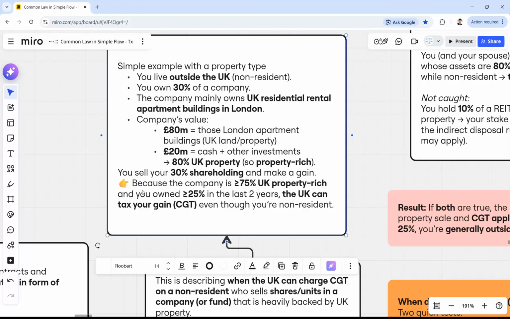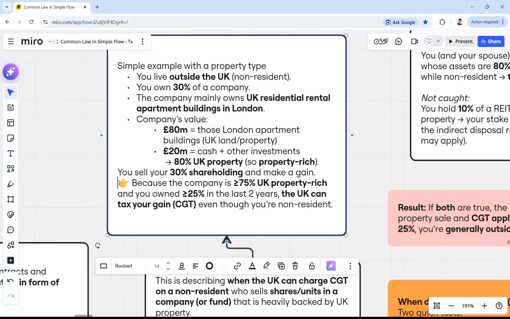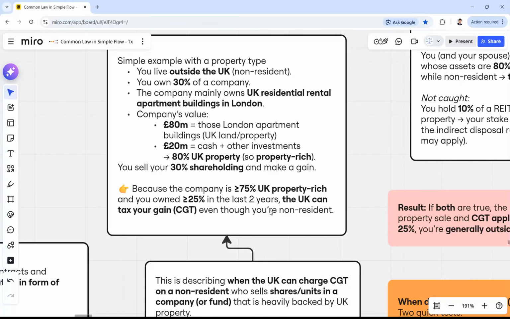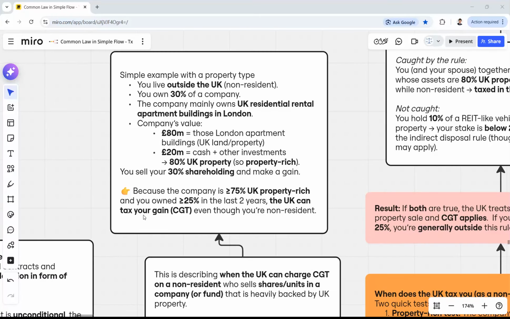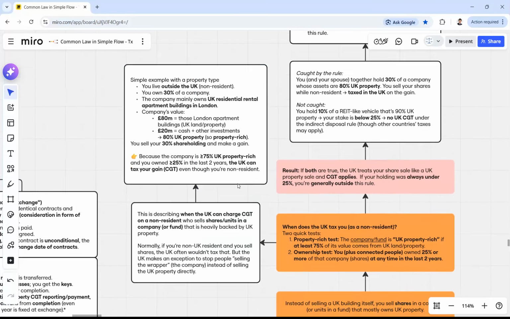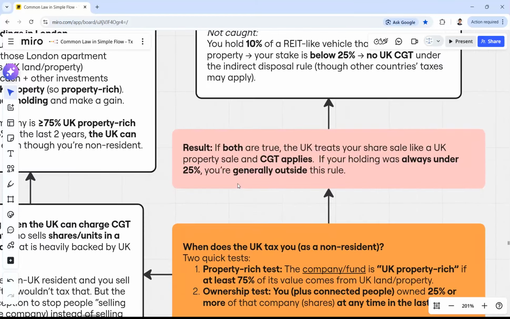Because the company is more than 75% UK property rich and you owned more than 25% in the last 2 years, the UK can tax your gain, CGT, even though you are non-resident. So you will be a target of capital gains tax even if you are not a resident.